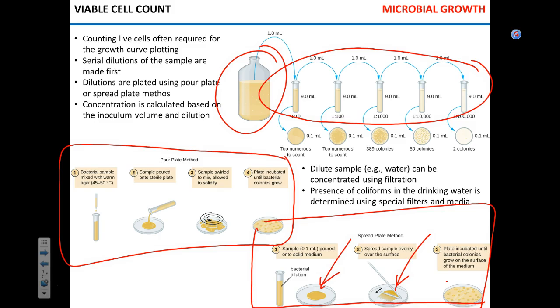Now these two methods are convenient when you deal with highly concentrated samples, like liquid culture of bacteria. There's a lot of cells there. We figured that we had results estimating the number of bacterial cells in 1 milliliter in the ballpark of 1 billion. What if you deal with extremely diluted sample, like drinking water?